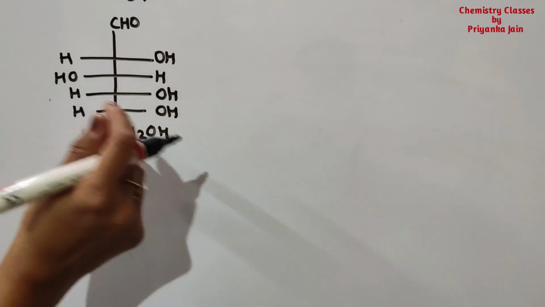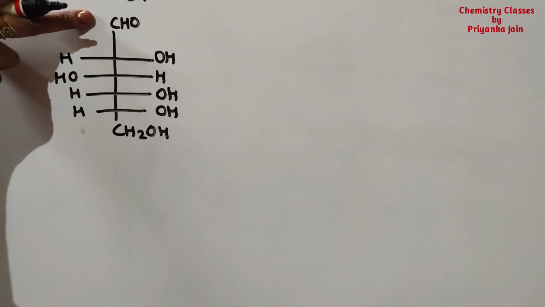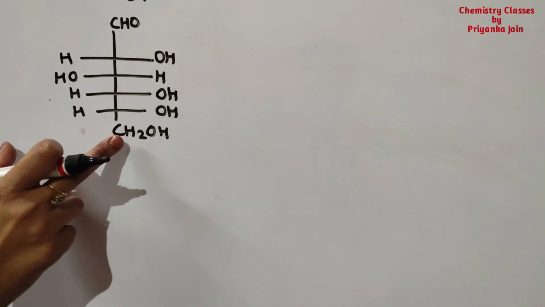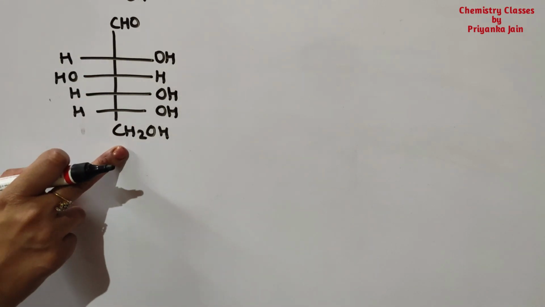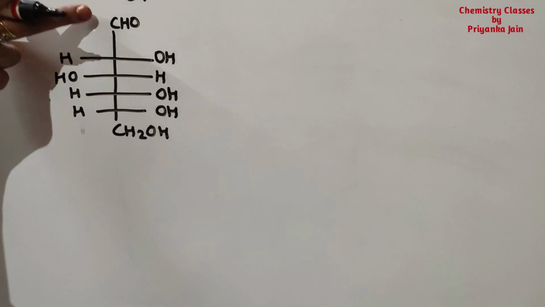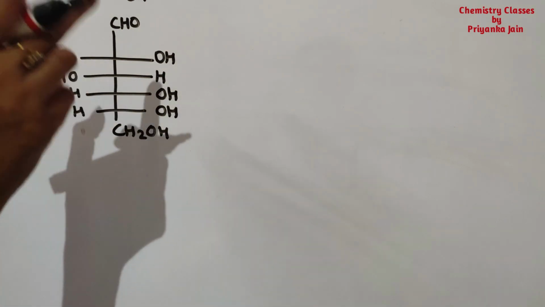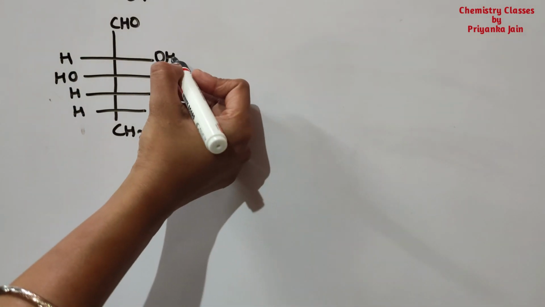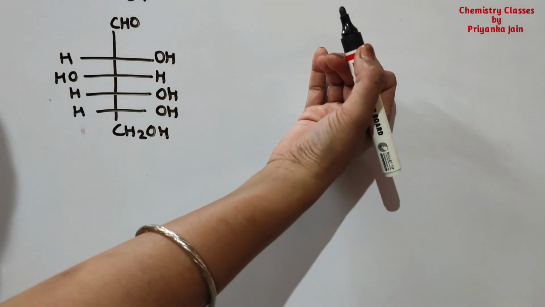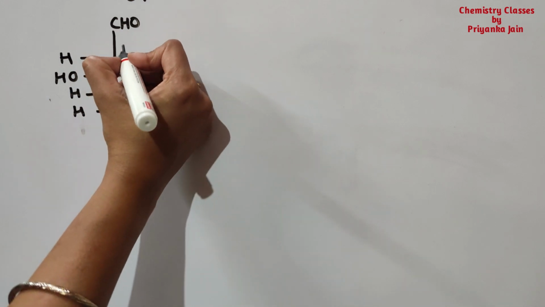If the more oxidized group, the CHO group, is present above and the less oxidized CH2OH group is present below, then in that condition, if the OH group is present on the right side, it will be R configuration.